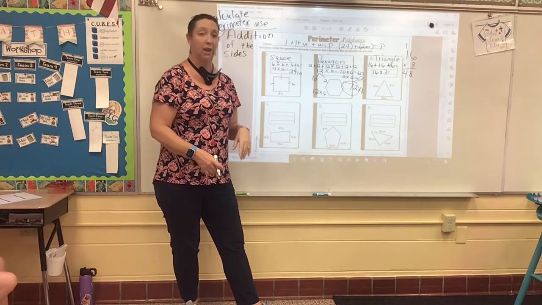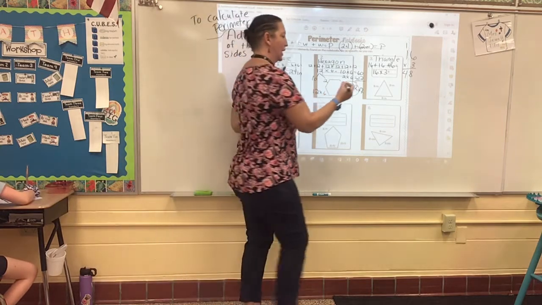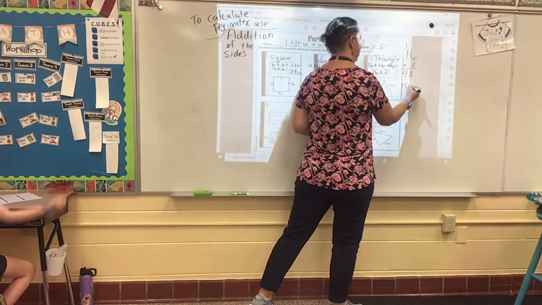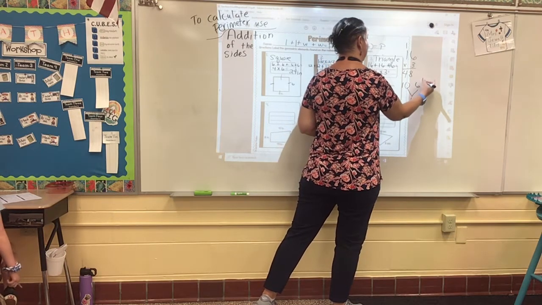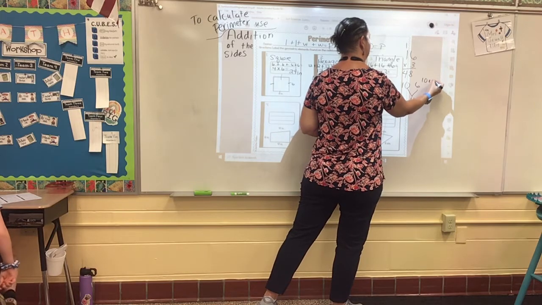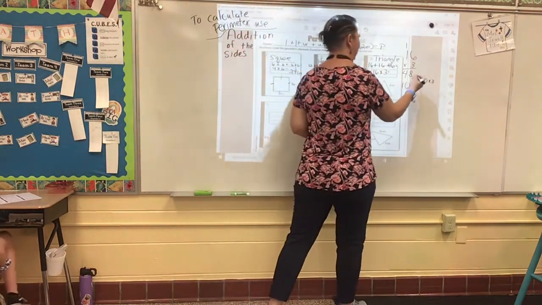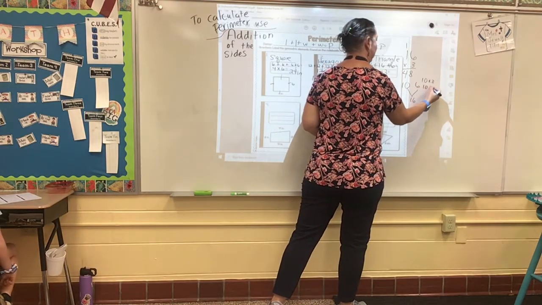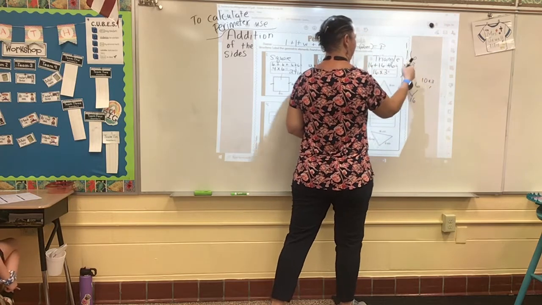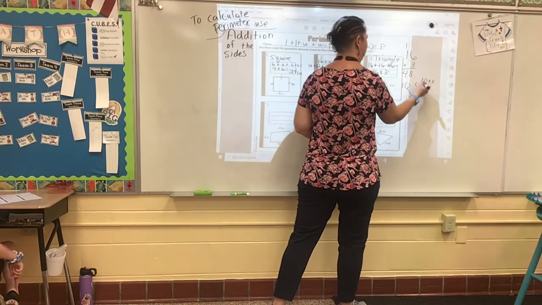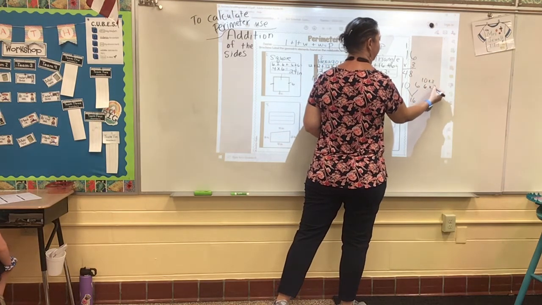If you don't feel comfortable with that, we're going to break that 16 into 2 pieces, 10 and 6. And then you say 10 times 3, and then 6 times 3.